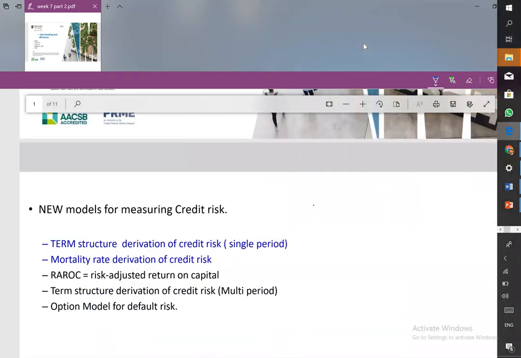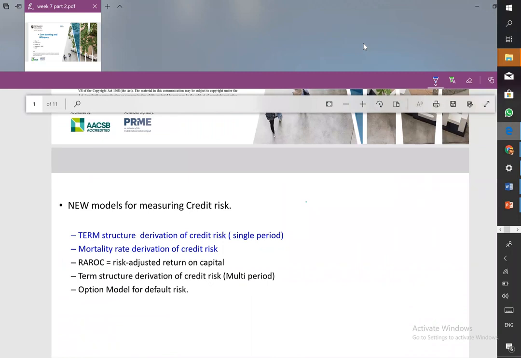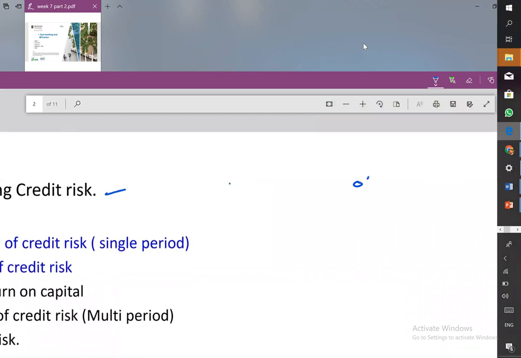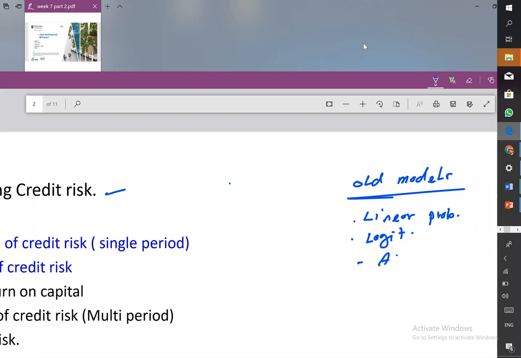In this part, we will talk about the new models for credit risk. As you know, we have talked about the old models, which are the probability models: the linear probability model, the logit one, and the Altman Z, the discriminant model.